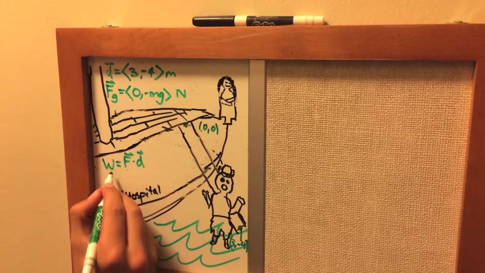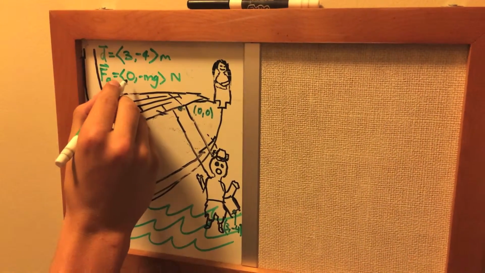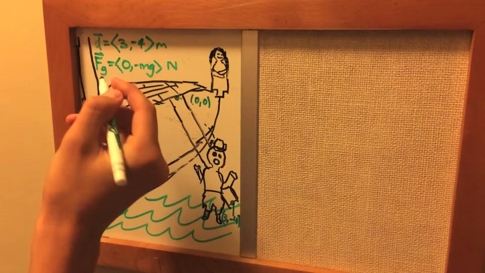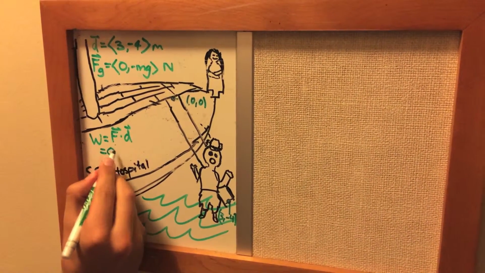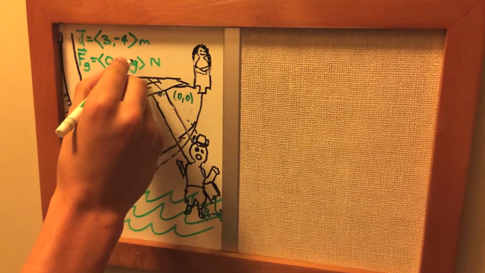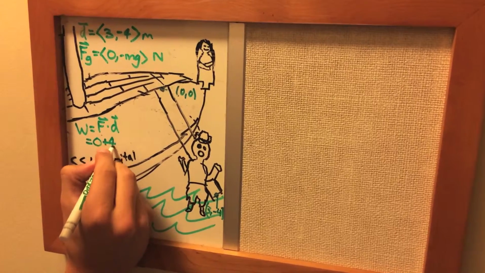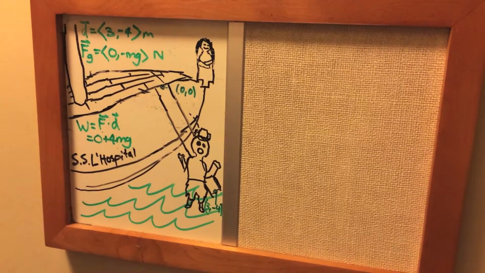So here it's going to equal, up here we have 0 times 3, which is 0, plus negative mg times -4. So we're going to get 4mg.